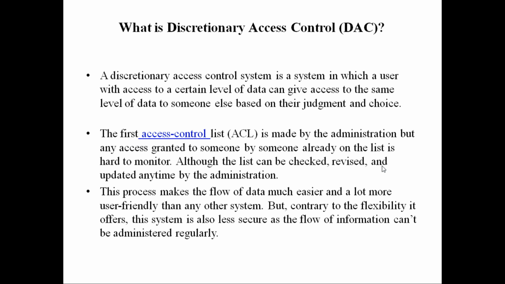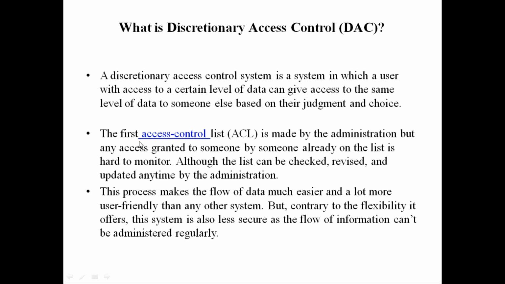Meaning once an administrator provides some authorization to one of the users, the user is now capable of sharing all the rights, whatever rights the administrator has provided to the user. The user can share the rights with another user.